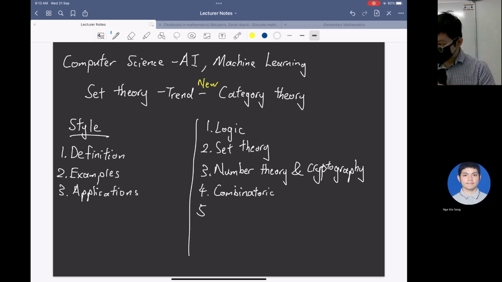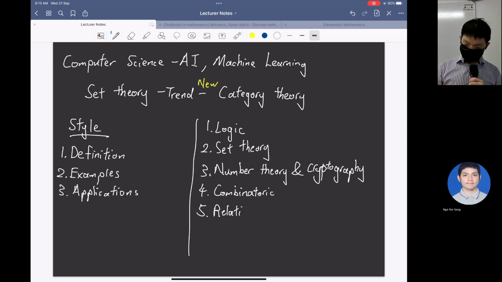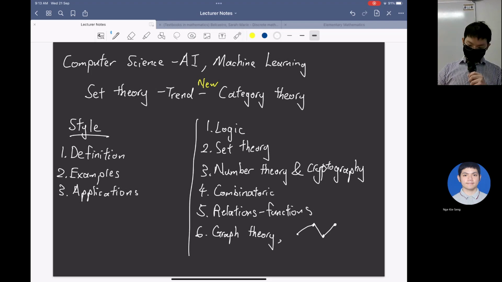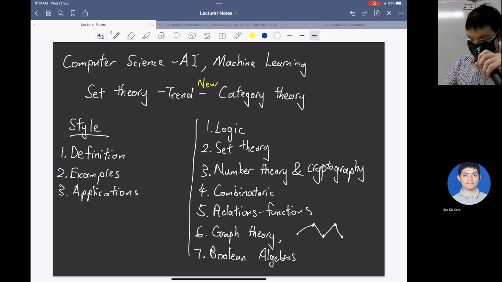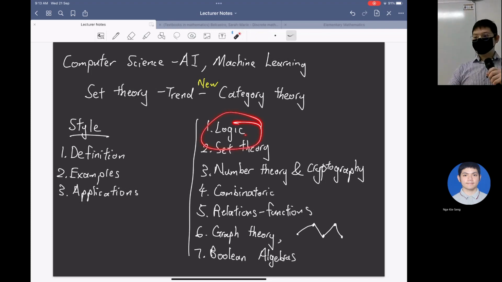Five is relations, meaning functions, the thing you learn in high school, f(x). But we will make precise what it means. It's not just a graph. Six, graph theory, which is something like linking the nodes. Seven is Boolean algebra. Any questions? No? So the first 3 weeks we will dwell on logic first.